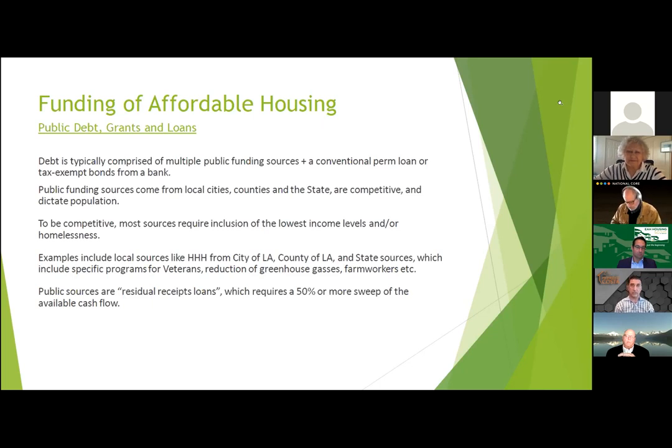The Tax Credit Allocation Committee takes the income and uses the bedroom count and uses a 1.5 person per bedroom. California Health and Safety uses a 1 person per bedroom. And therefore, the rent at the end of the day is not lined up and causes significant complications for the lender, investor, as well as the developer.